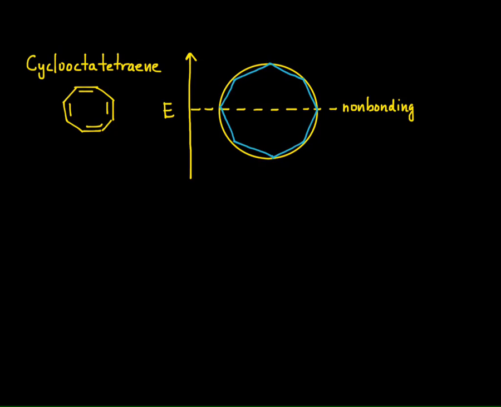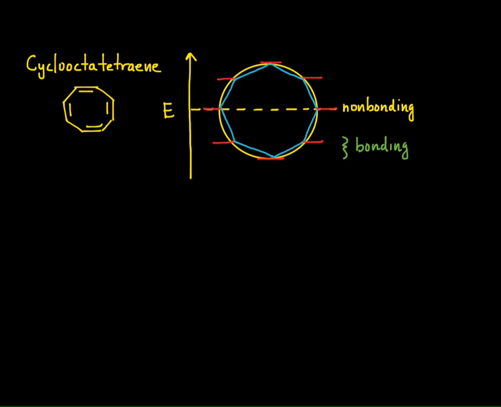So 8 sides, vertex pointing down. I draw in my orbitals where the vertex is touching the circle, and I get 8 orbitals. 3 of them are bonding orbitals, 2 of them are degenerate non-bonding orbitals, and then 3 of them are antibonding orbitals.